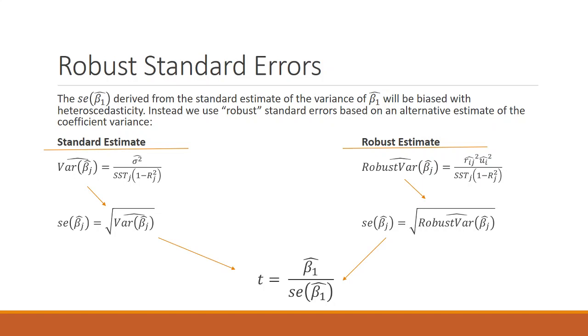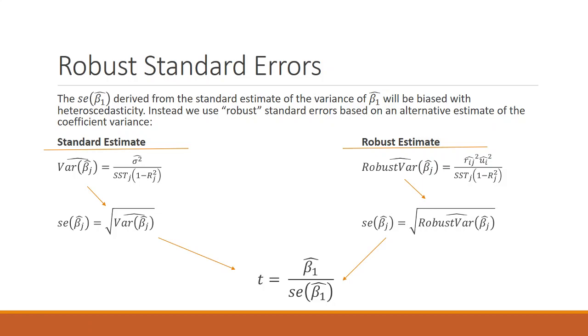So a bunch of very brilliant econometricians have shown that we can estimate the variance of our coefficient estimate, the variance of beta 1 hat, using a different formula, and this different formula will be robust, quote unquote, robust, even in the presence of heteroskedasticity.